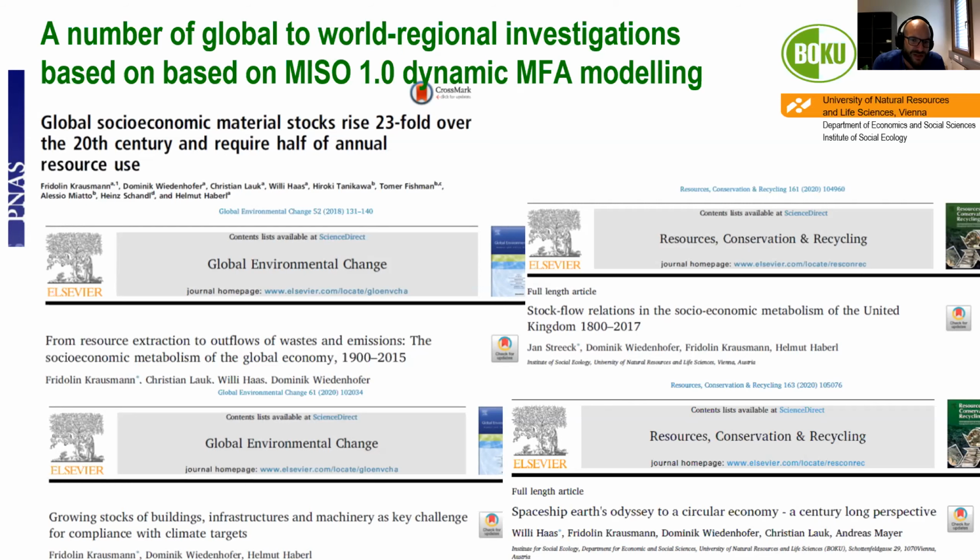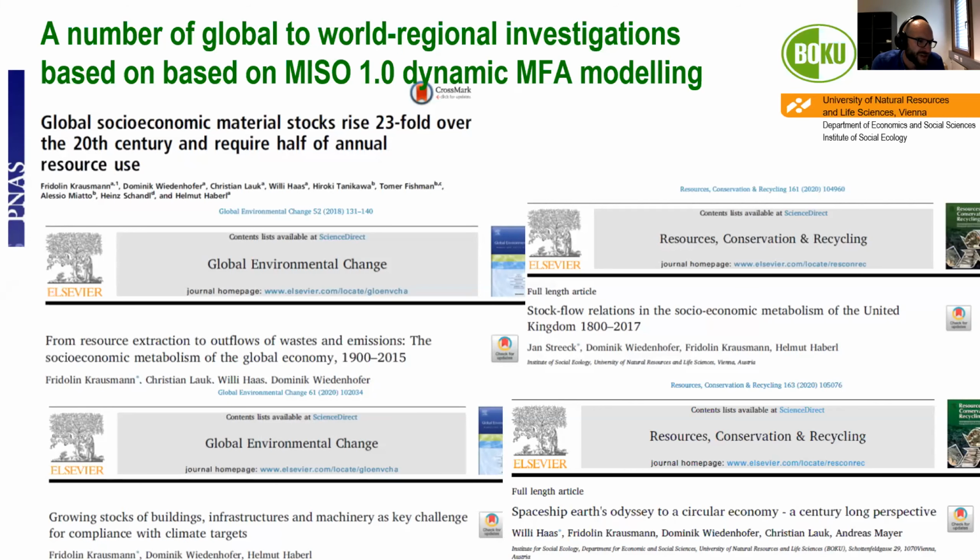Especially in the PNAS paper, I spent lots of time compiling country level estimates and also the more material specific estimates from Stefan and others who did global modeling or country level modeling, and validated that against our results. And we actually find relatively good agreement.